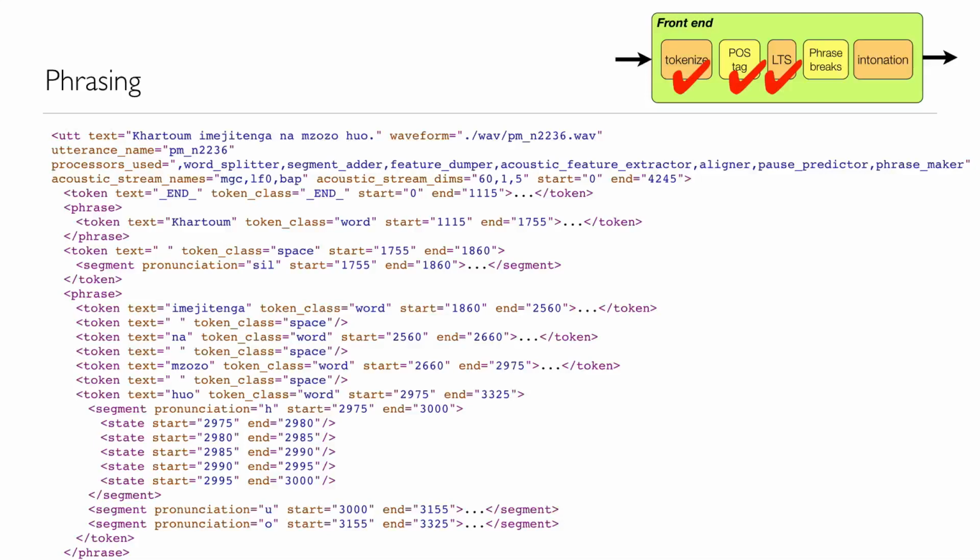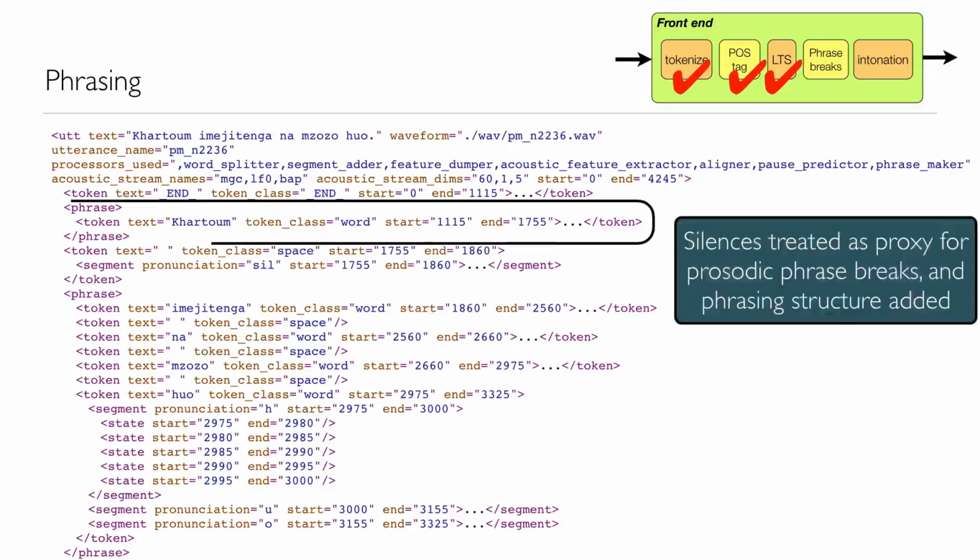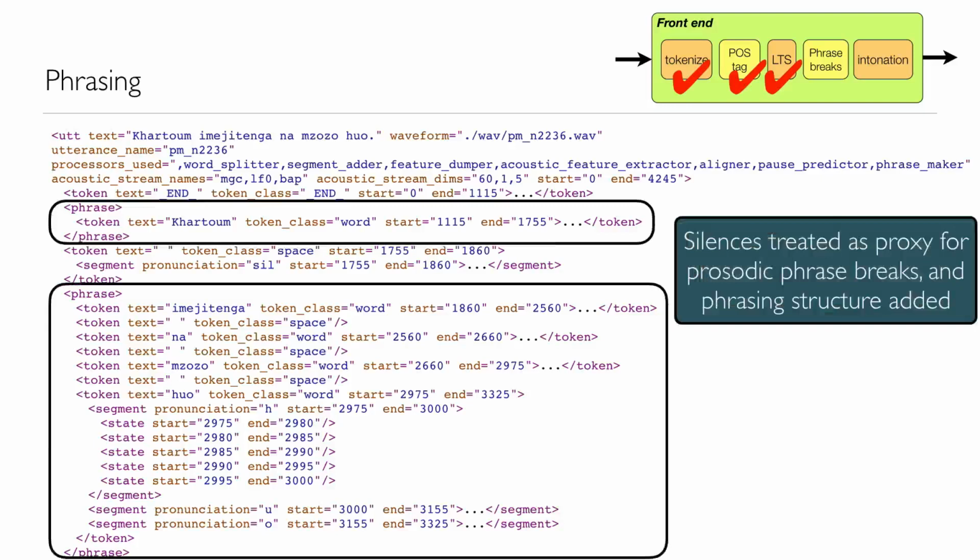Moving along to the next module in the conventional pipeline shown at the top right there. What do we do about phrasing? Quite naively again, we just treat silences as a proxy for prosodic phrase breaks. And we can add phrasing structure to our XML. I say this is naive, but it's fairly effective.